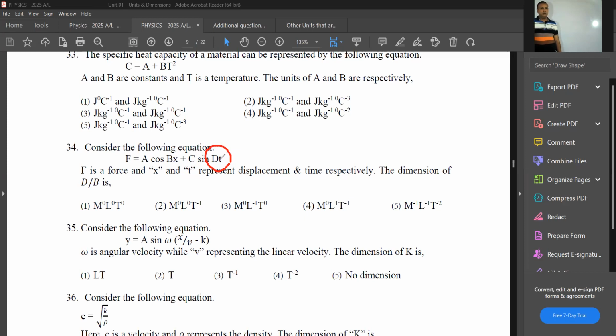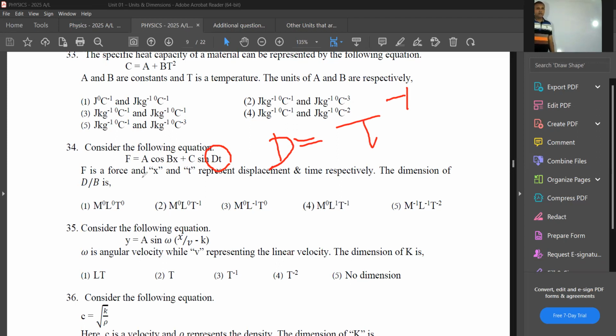Yes, very good. You know, DT is an angle. DT should be an angle. Yes, answer is correct. DT is an angle. Therefore, D should be equal to T minus 1.